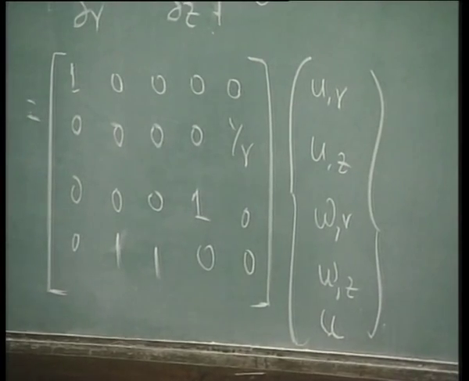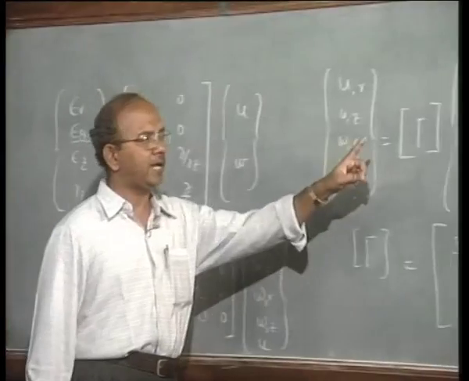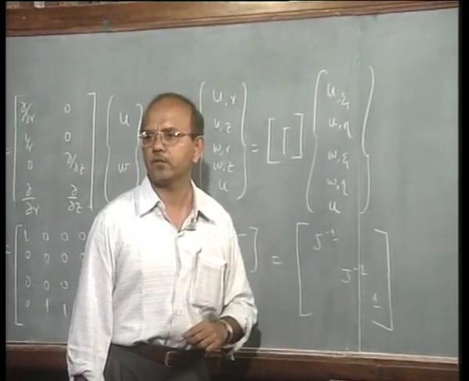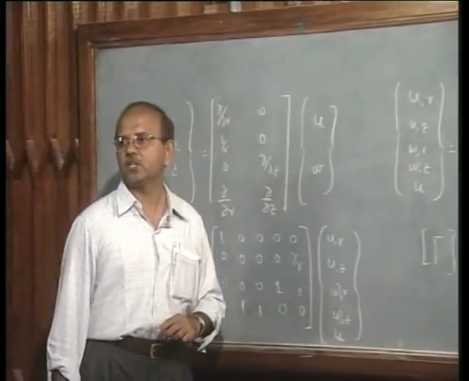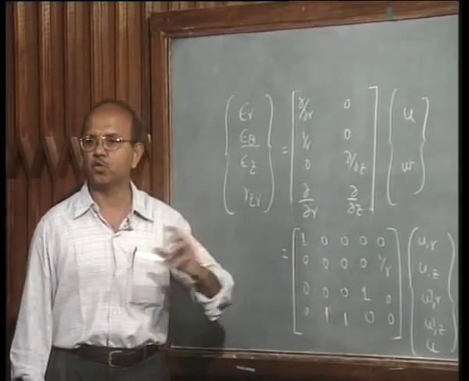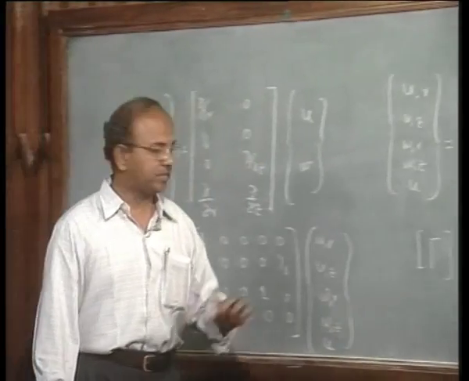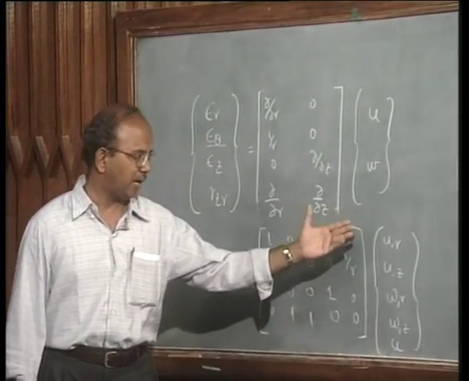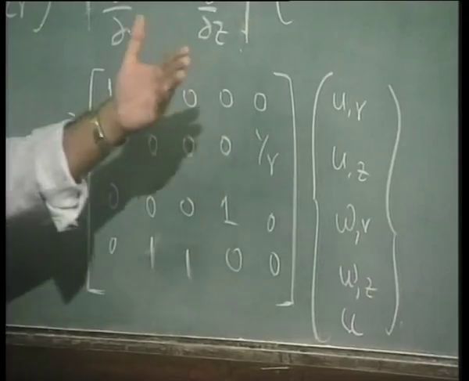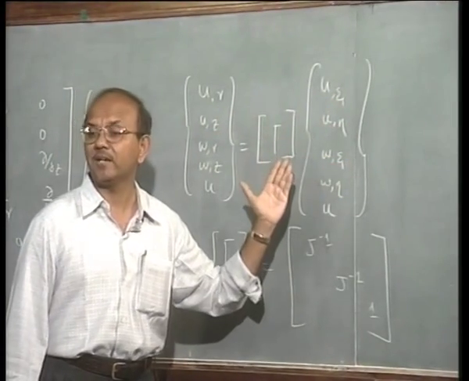What is the next step? Remember the next step, what we did was to replace this by an isoparametric formulation, or in other words to replace r and z by our natural coordinate systems psi and eta. So this u comma r, u comma z and so on is now replaced by means of u comma psi through that gamma matrix.